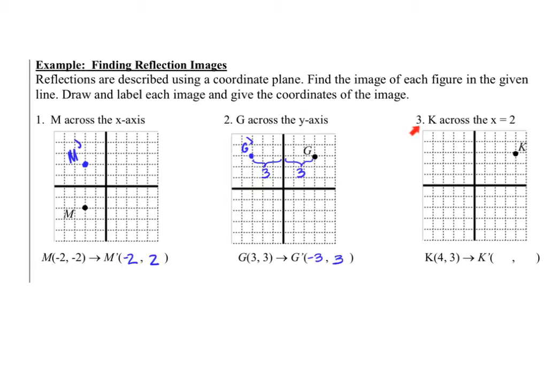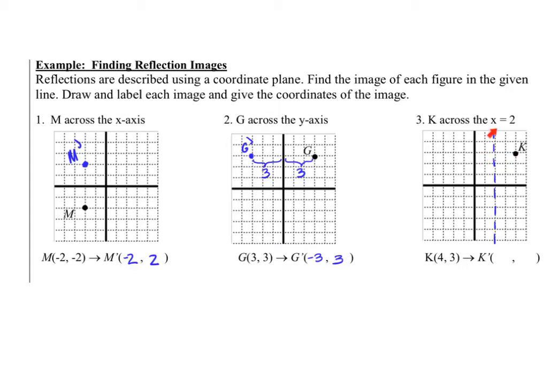If you look at number 3, we're going to reflect K across the line x equals 2. This one is a little bit different. First we have to graph this line. x equals 2 is going to be a vertical line going through 2 on the x-axis. Now all I have to do is figure out how far away K is from this line. K is 2 units away from the line x equals 2.